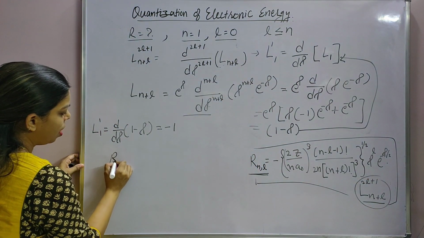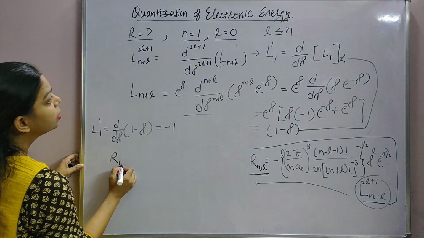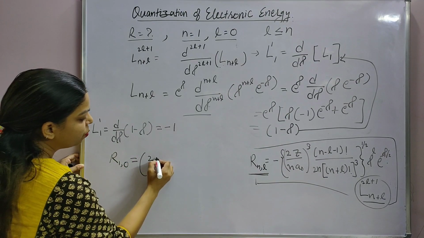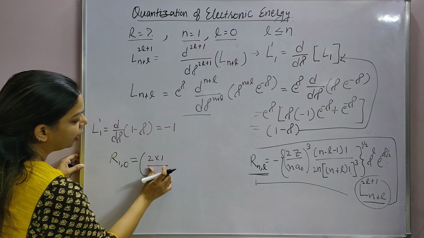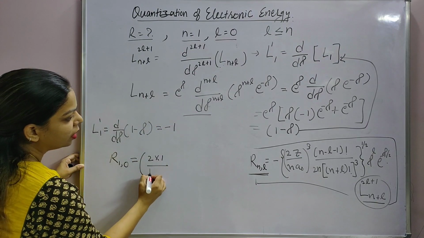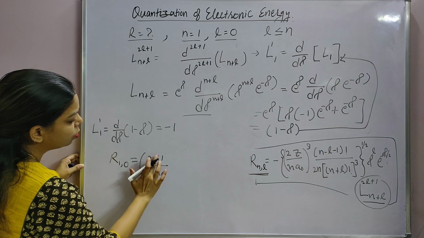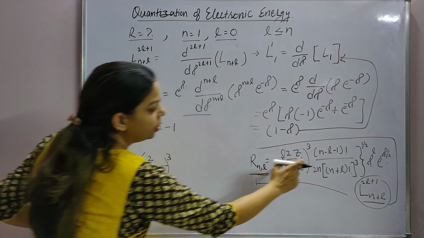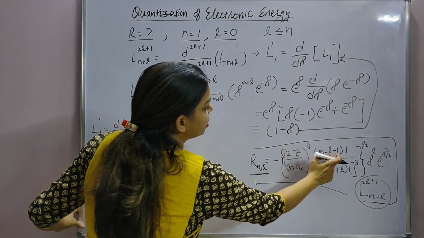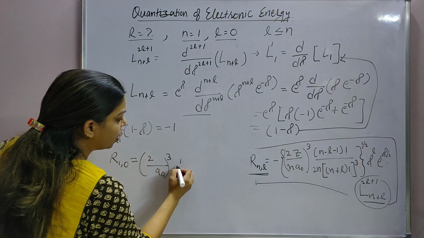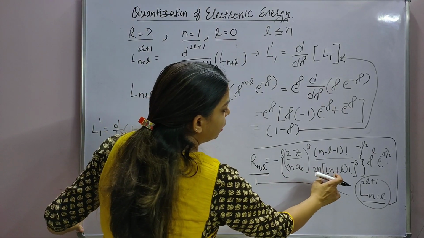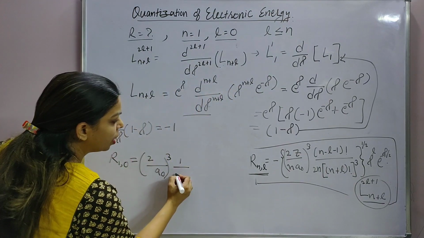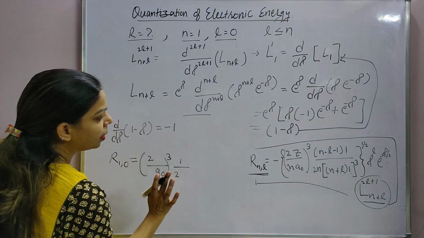So the value of R for n is 1, l is 0 will be equal to, Z is 1 for hydrogen atom, n is 1, a naught cubed, and 1 minus 0 minus 1, 0 factorial is 1, and here 2n, 1 minus 0, 1 factorial is 1, so 1 by n is 1, 1 by 2.